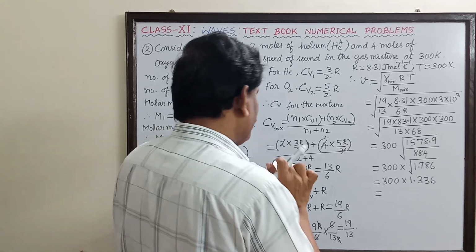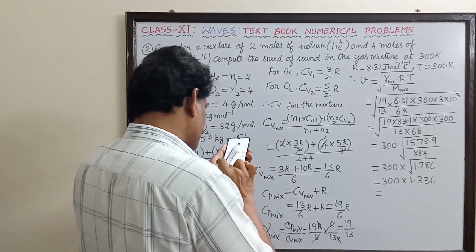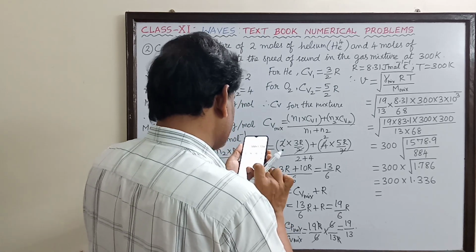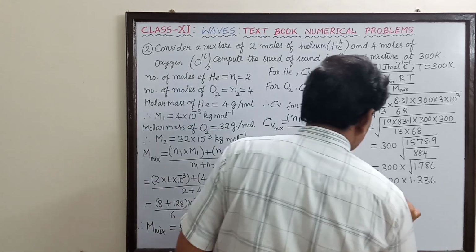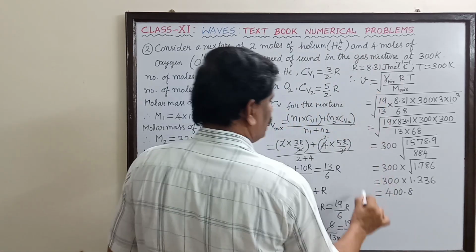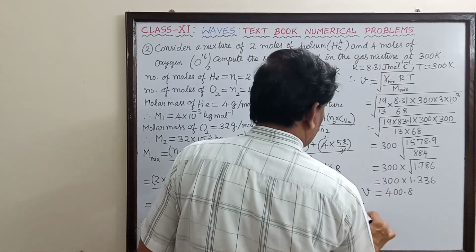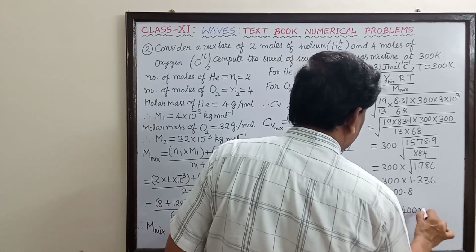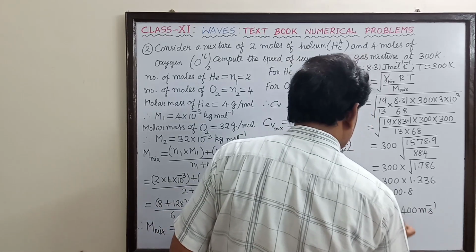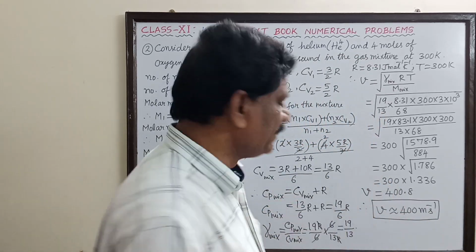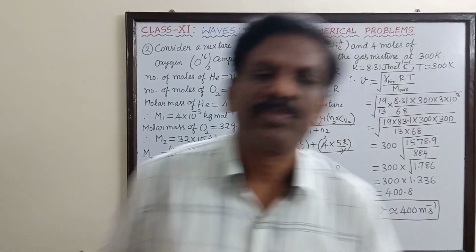So if you multiply 300 into 1.336, this is coming as 400.8. So V is equal to, therefore V is nearly equal to 400 meter per second. So this is the nearest answer.